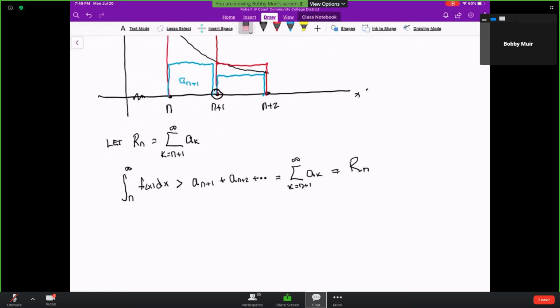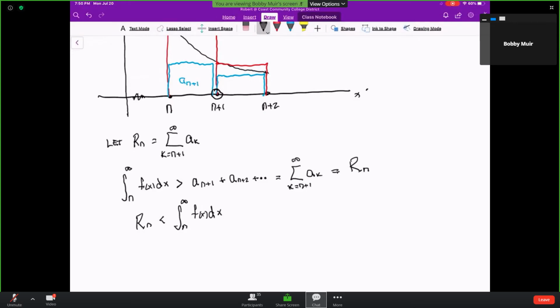So what we've got here is that R sub n is smaller than this integral of f of x dx.